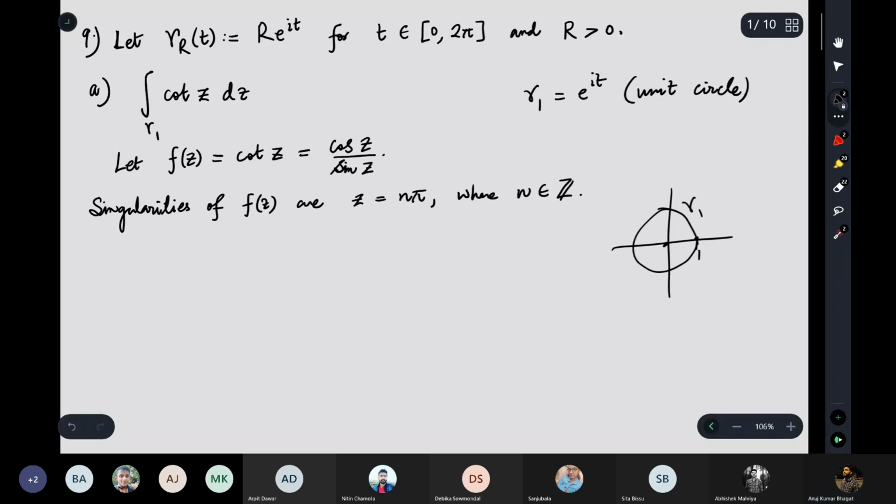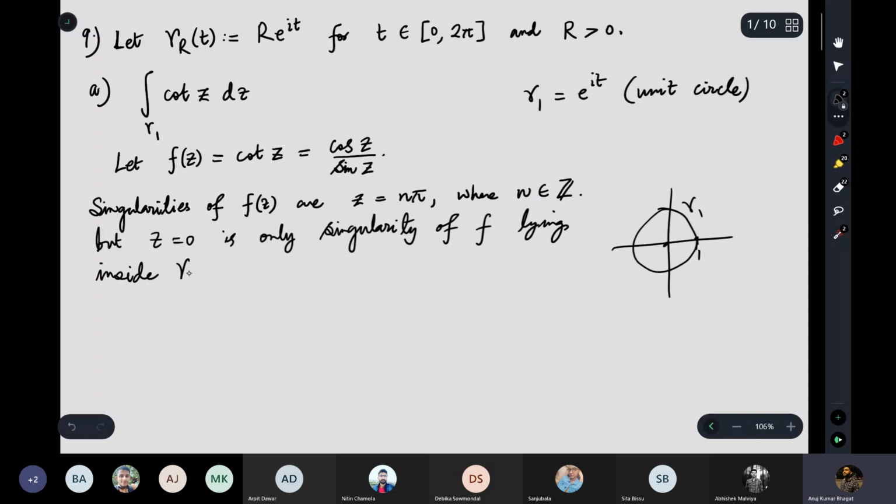So z equals 0 is the only singularity of f lying inside gamma 1. So we are done.